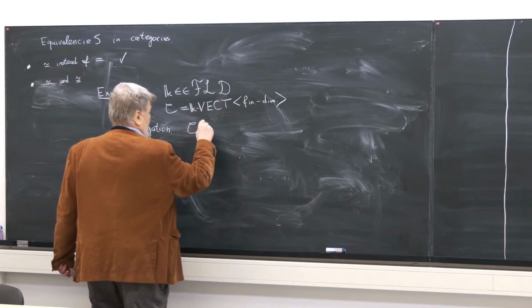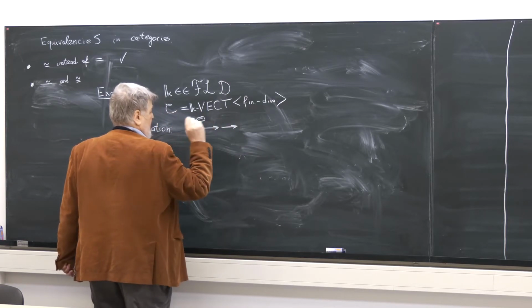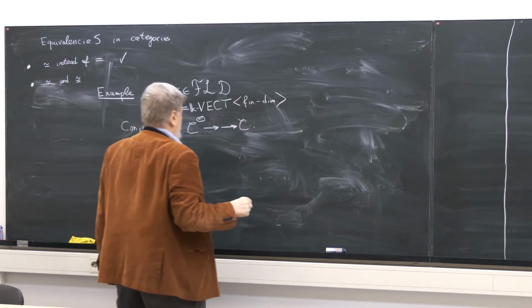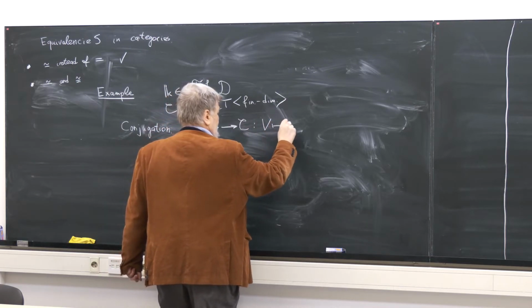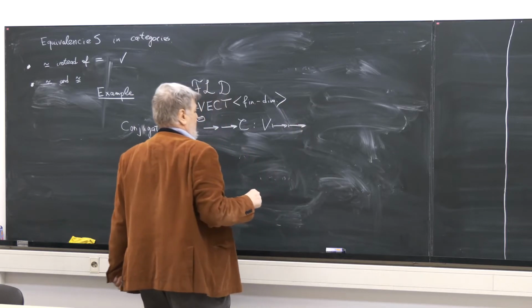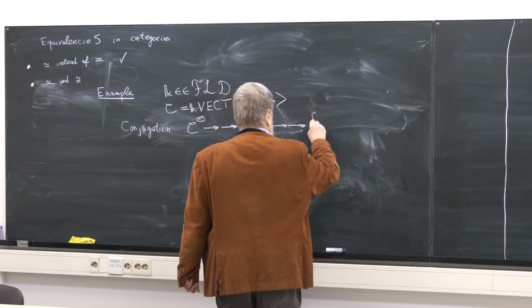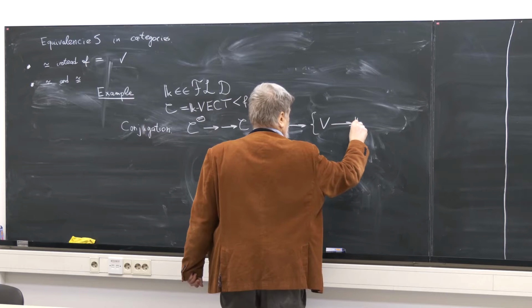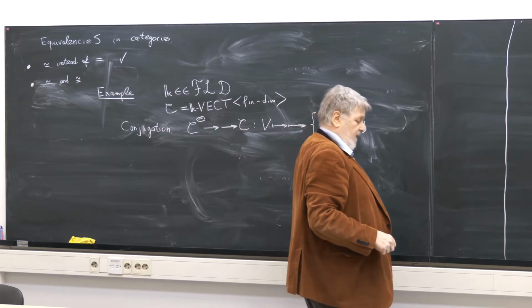It is a cofunctor, as we know, denoting it like this, and to a space V, as everybody knows, we associate the set of linear mappings from V to the ground field.